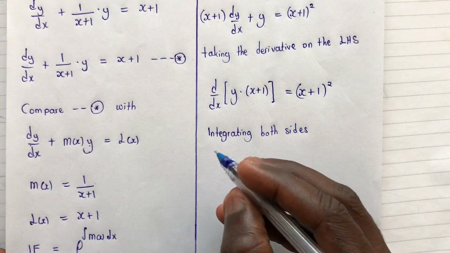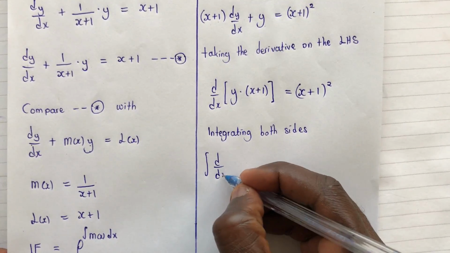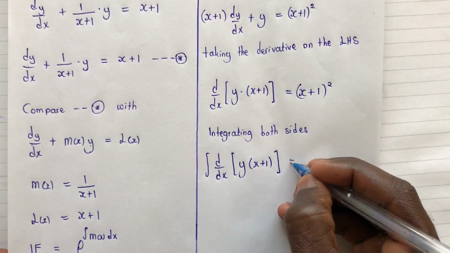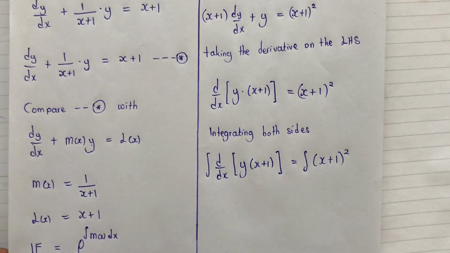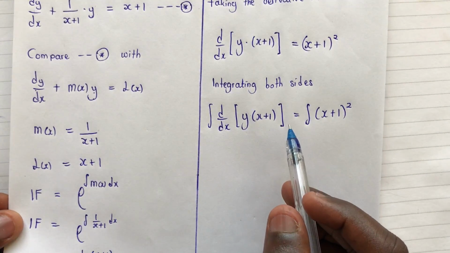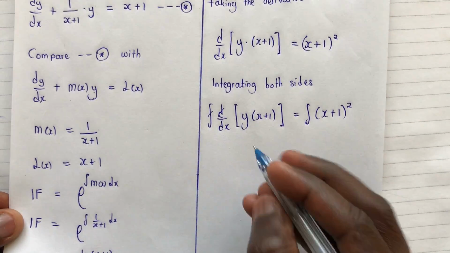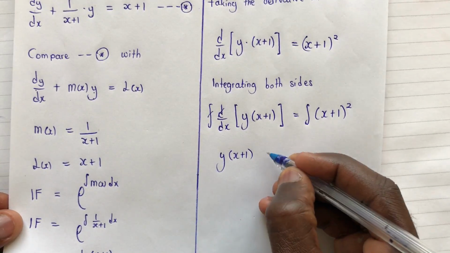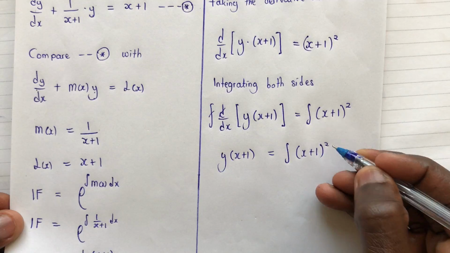So let's introduce the integral sign. We have integral of d dx of y times x plus 1 equal to integral of x plus 1 all squared. Now when we integrate the left hand side, this will take care of this one. So we are left with y times x plus 1 equal to integral of x plus 1 all squared.